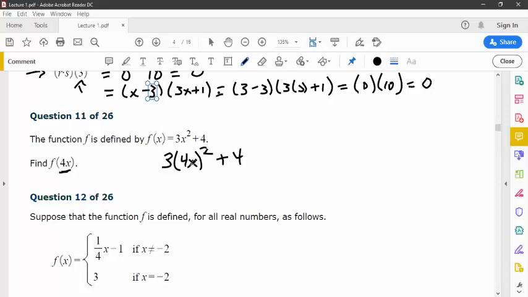Order of operations, we do the parentheses and the power first. So 4x times 4x is 16x squared. And now I multiply 3 times 16x squared, which is 48x squared, plus 4.